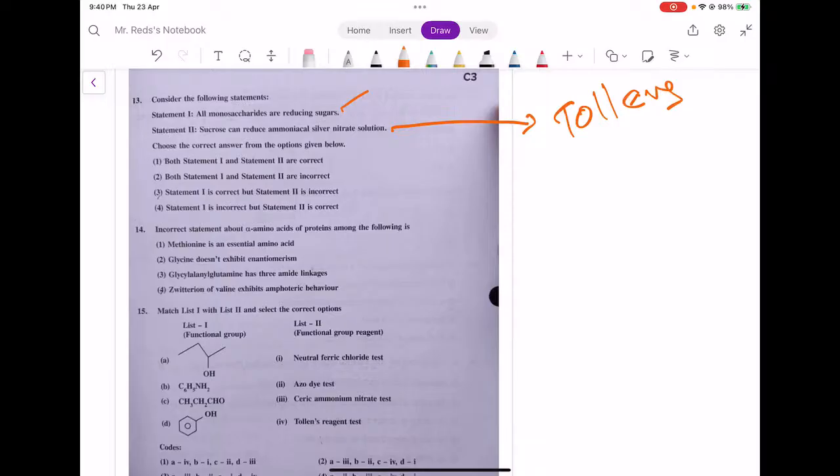That's why sucrose does not reduce ammoniacal silver nitrate or give a positive test with Tollens reagent. So statement 1 is correct, statement 2 is wrong, which means the third option.